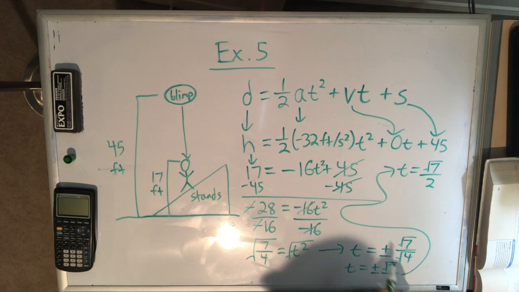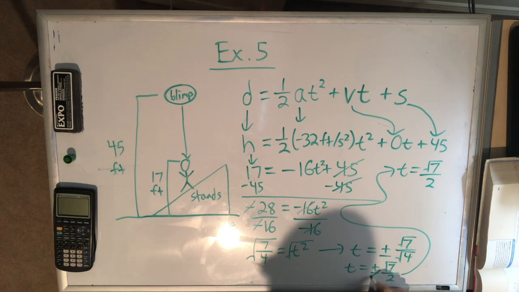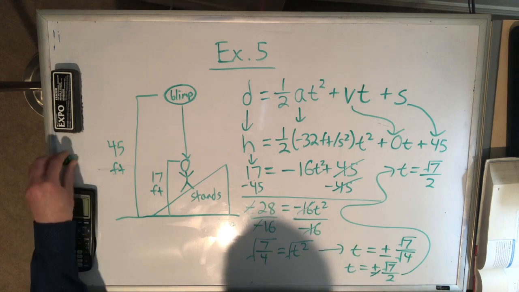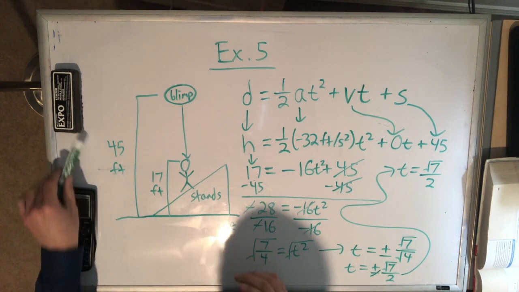Yeah, that's all we need, because it cannot be t equals negative square root of 7 over 2, because then you would have a negative time, which doesn't make sense. So it must be t equals positive square root of 7 over 2. So let's put that in the calculator.